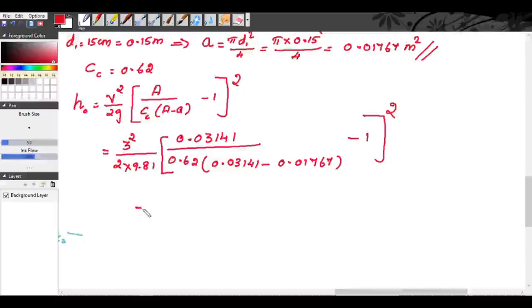So you calculate, and you will get the head loss due to obstruction as 3.311 meter. So that is all for today.